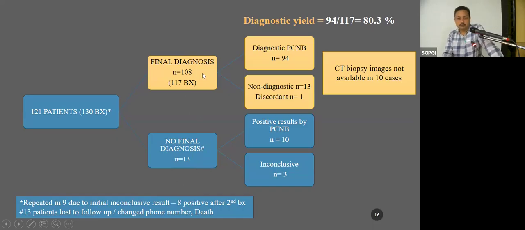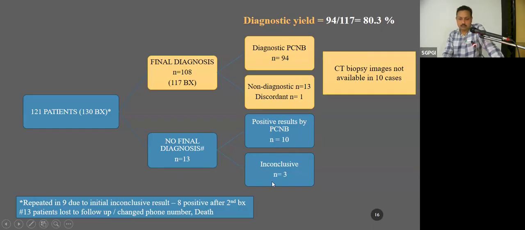In the patients where we had the final diagnosis, diagnostic PCNB results were obtained in 94 patients. In 13 patients, the results were non-diagnostic, and discordant in one patient. So our diagnostic yield comes to about 80.3%.